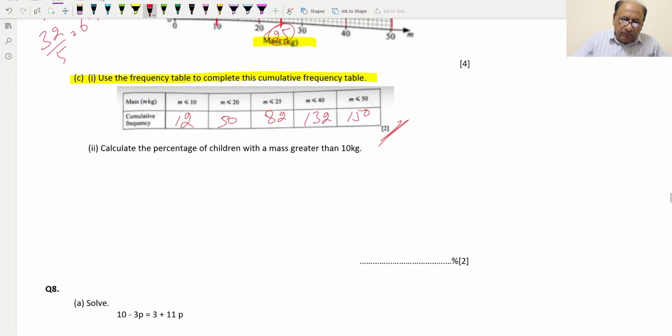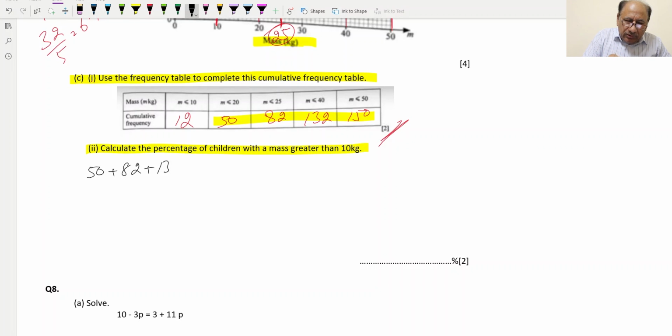Then they are saying calculate the percentage of children with a mass greater than 10. Percentage of children with a mass of greater than 10 will be how many? Greater than 10 we can check, they are this one basically.